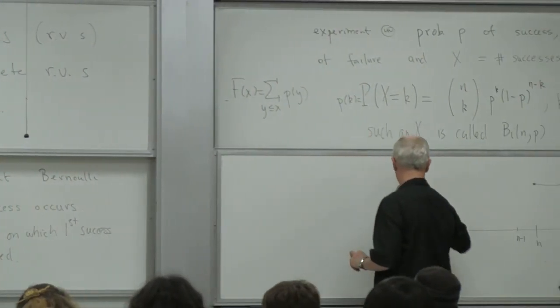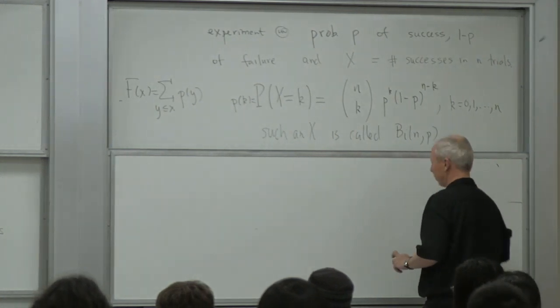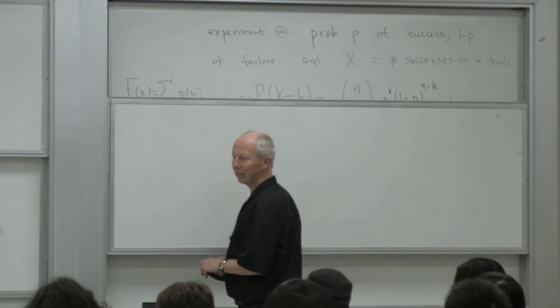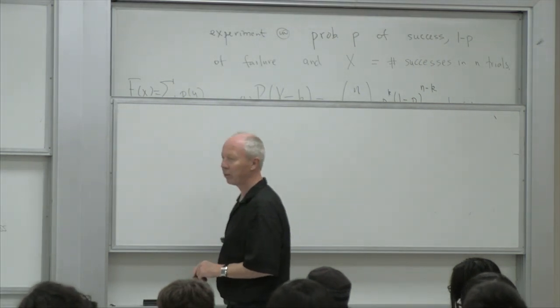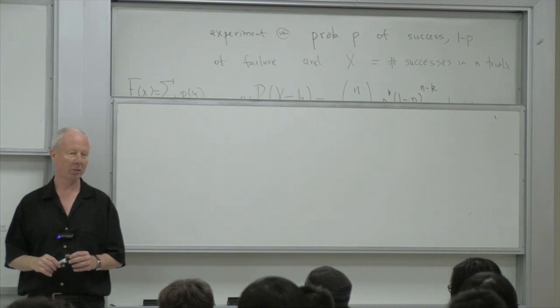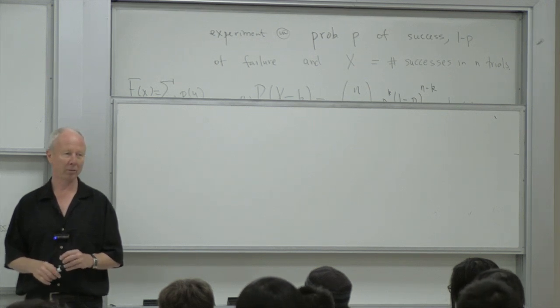Okay, so what kind of values can X have? Well, when could success occur? Might happen the first time you try something, or the second, or the third, or the fourth, or the fifth.